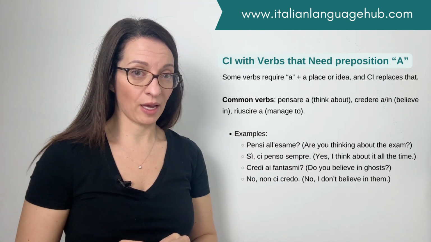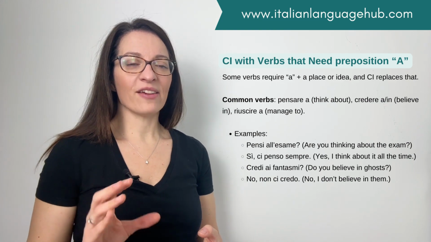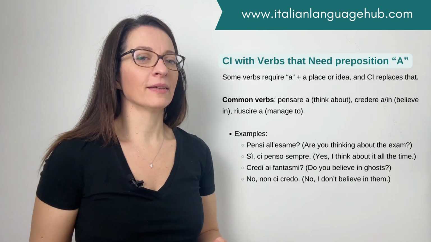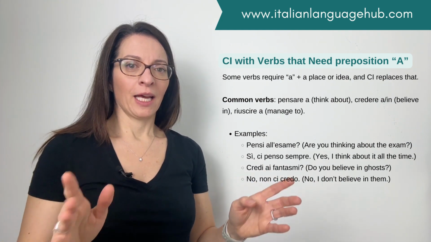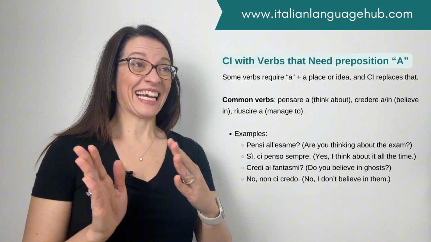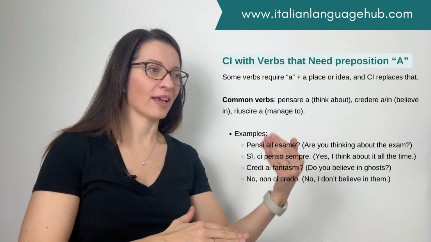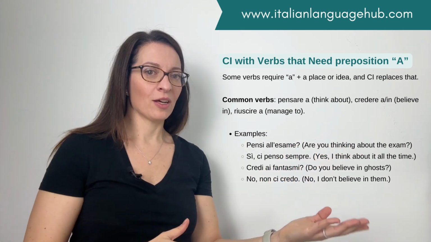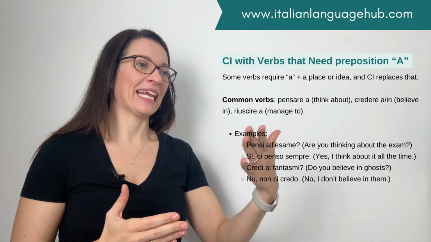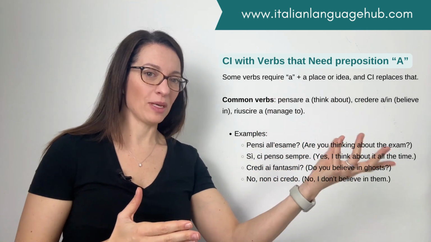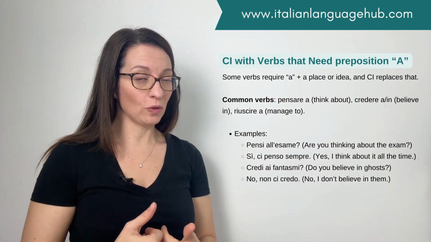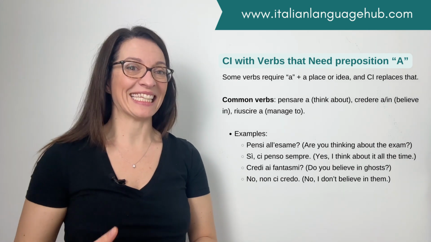Let's look at another example. Credi ai fantasmi? No, non ci credo. In this way, you have credere a and then what you're believing in. So you're going to substitute fantasmi with ci, but you're going to do that because you have the verb credere a.